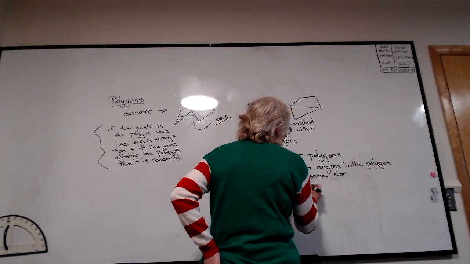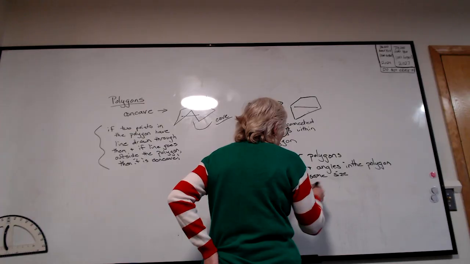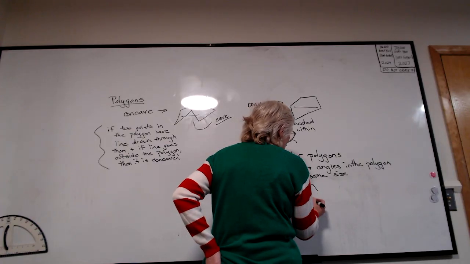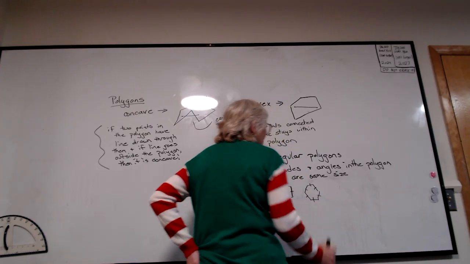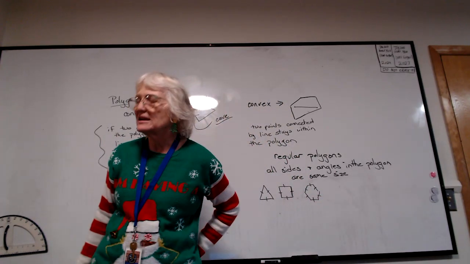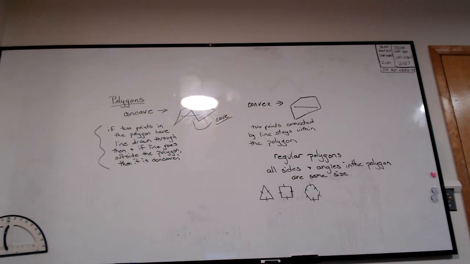The hexagon is easier, but I still am not a good drawer, I'll just tell you. We assume all these are equal, so a hexagon has 6 sides. All of these sides are equal, and therefore all the angles are actually equal.